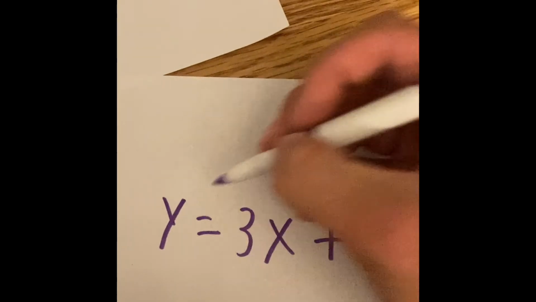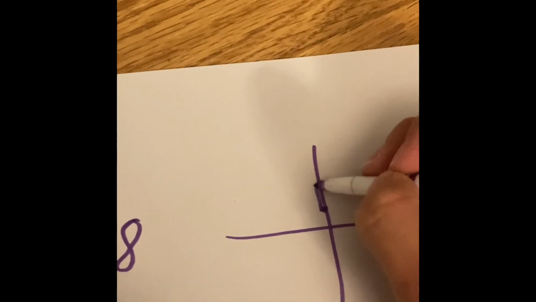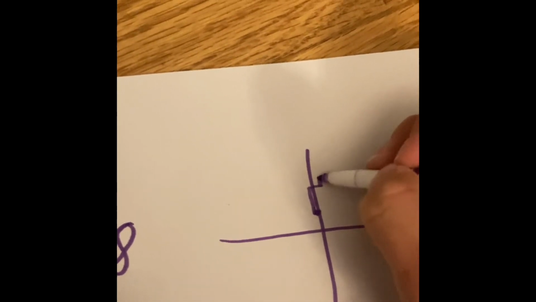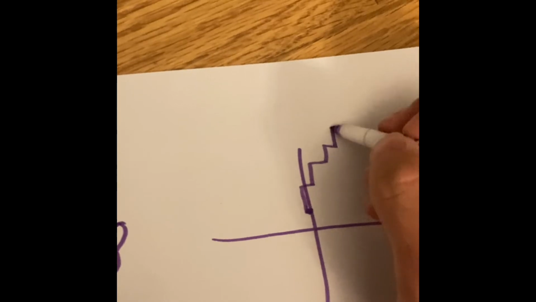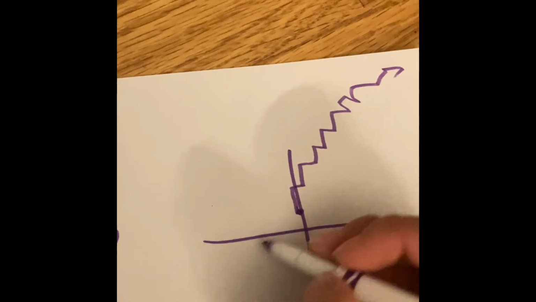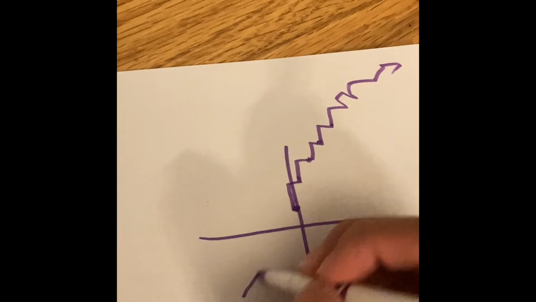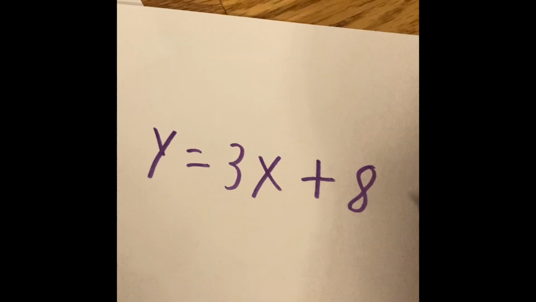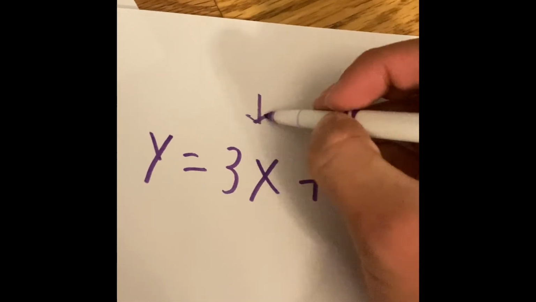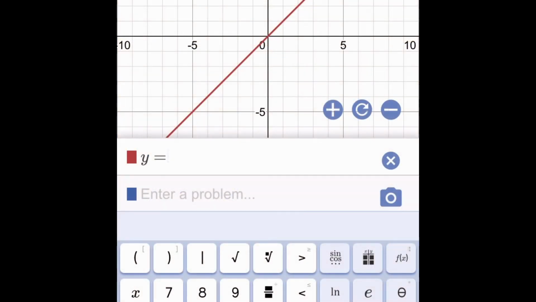And y equals 3x tells us that we go up 3 and over 1, up 3 and over 1, and so on. When we put the points on a graph, we get a straight line. So this is an example of a linear function. The structure of the equation is a big giveaway.